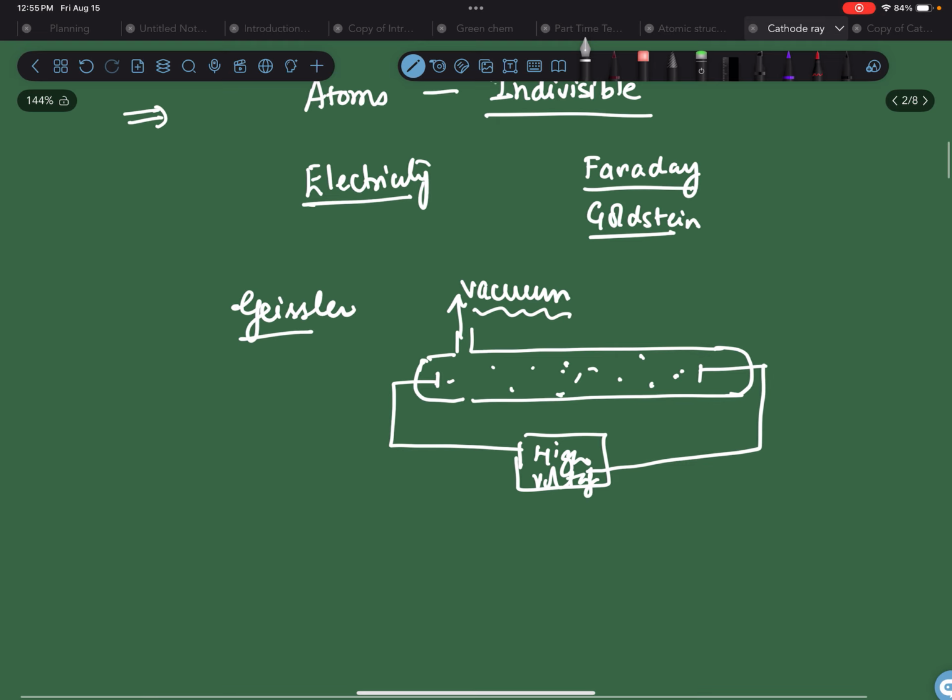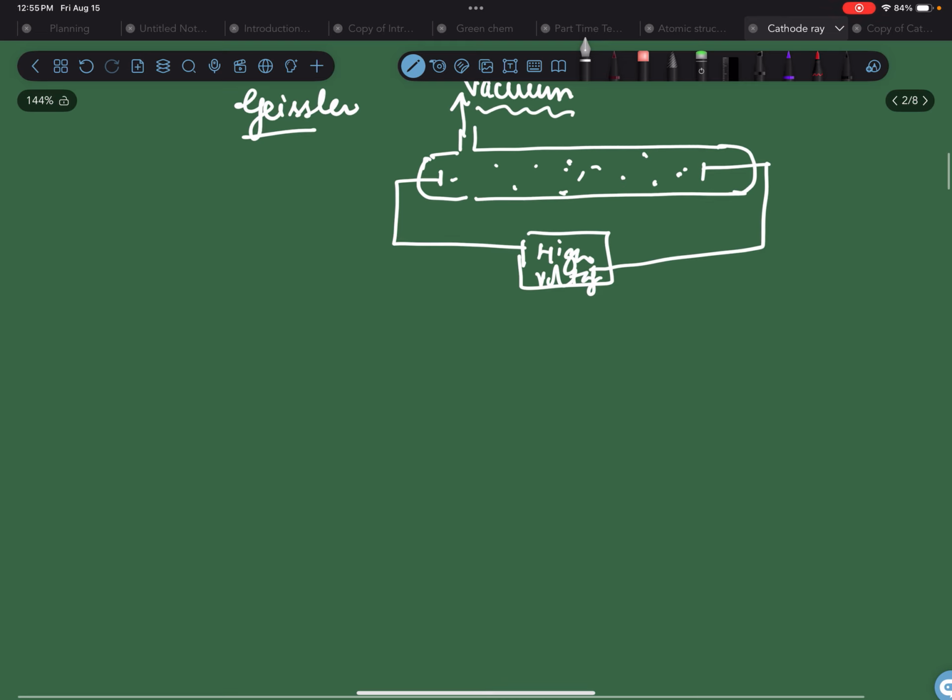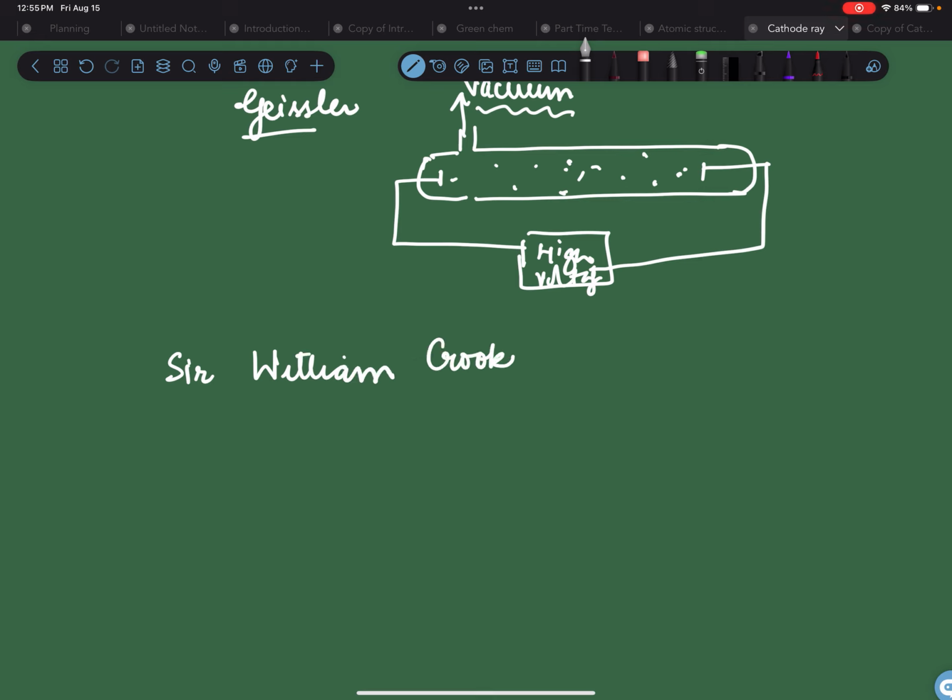So this work was then carried forward by the scientist Sir William Crookes. He is the person who discovered the element thallium, right? He was trying to weigh this element in vacuum, and then he got interested in the type of research which Geissler was doing.